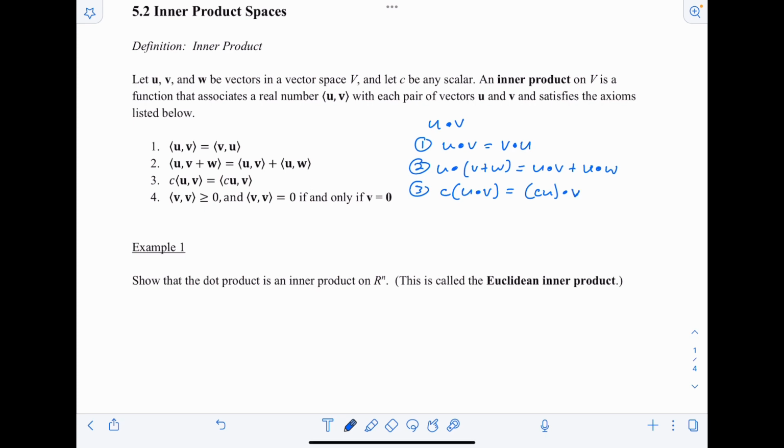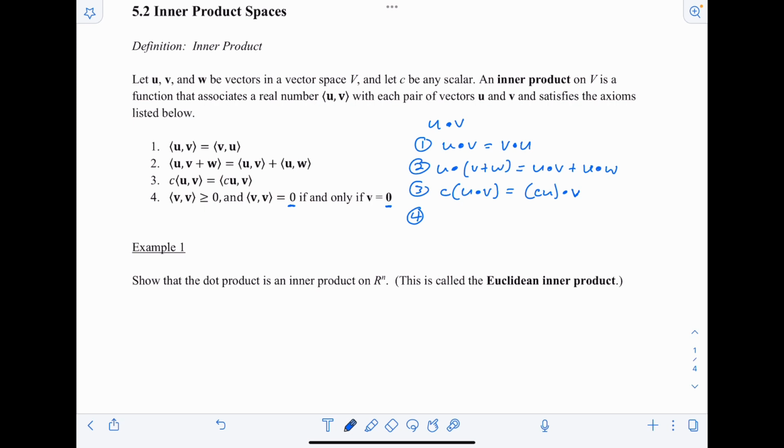All right, number 4, the last one, says that if I take the same vector and perform the operation on itself, it's always going to be greater than or equal to 0. And it will equal 0 if and only if the vector is the 0 vector. Notice again that the inner product is a scalar, so this is just the number 0, and this would be the 0 vector with all zeros in its components.